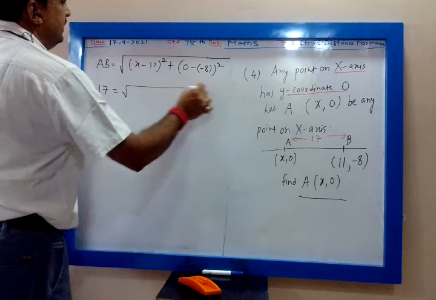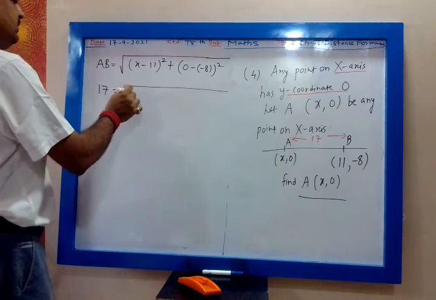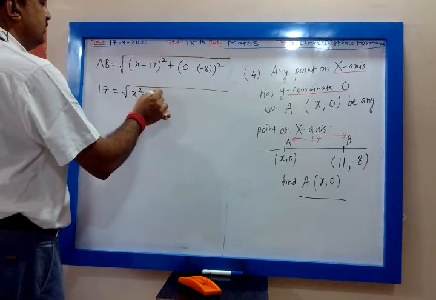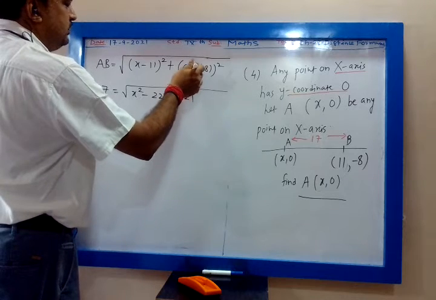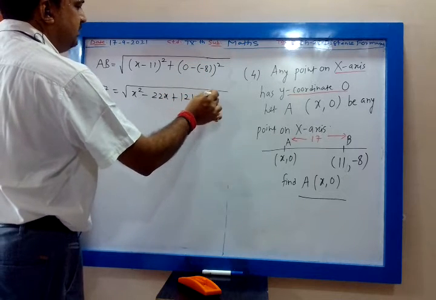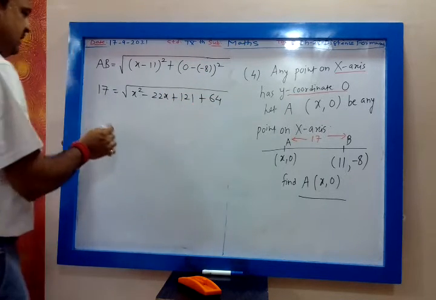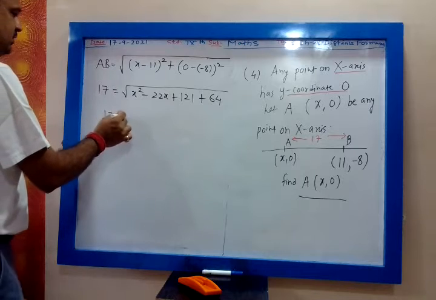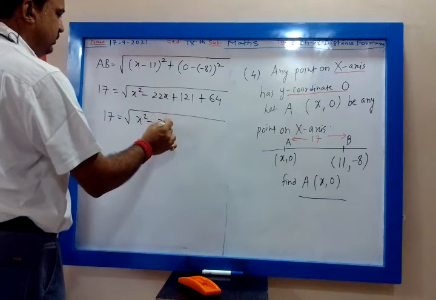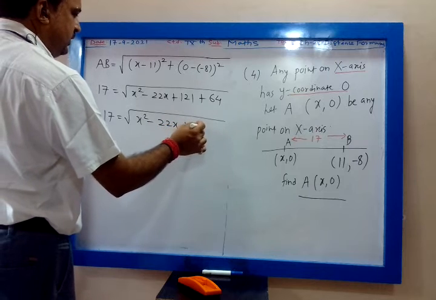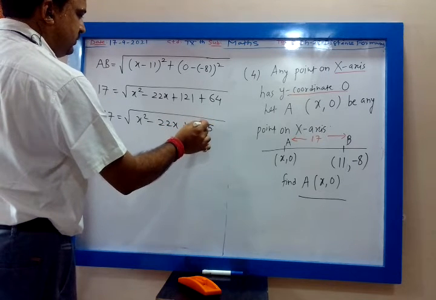So 17 is the square root of (x minus 11) square, simplify, x square minus 22x plus 121, plus 0 minus minus 8 will be plus 8, square is 64. So 17 is equal to the square root of x square minus 22x plus 185.